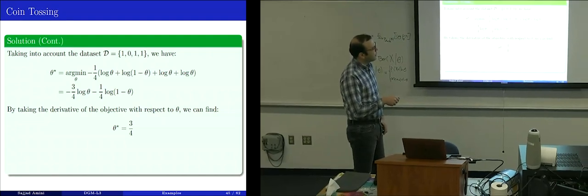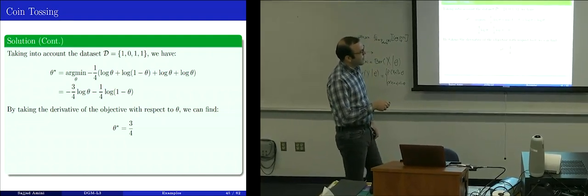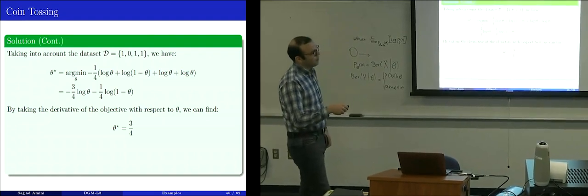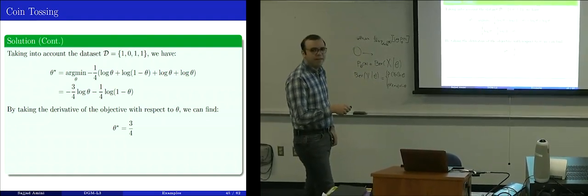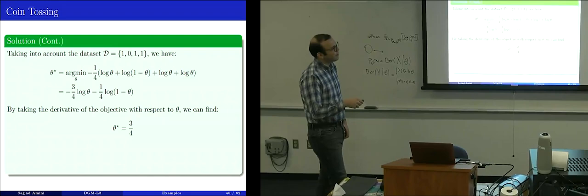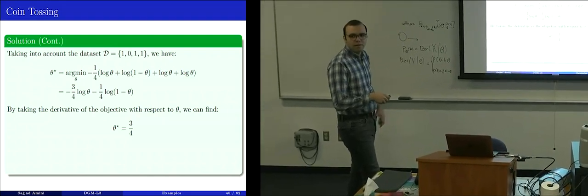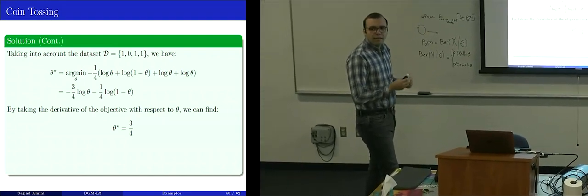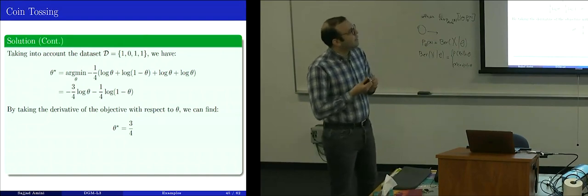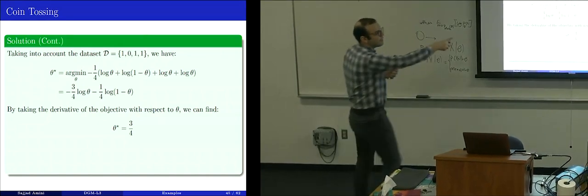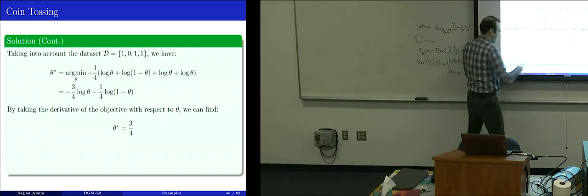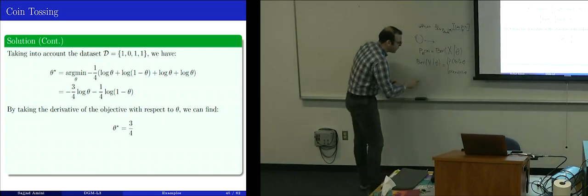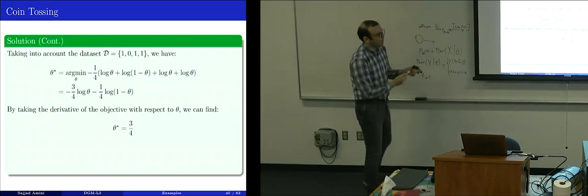How can you intuitively say why this is the optimum parameter? Look at this data set and look at this value. It is an empirical number, because this parameter is the probability of x equal to 1.